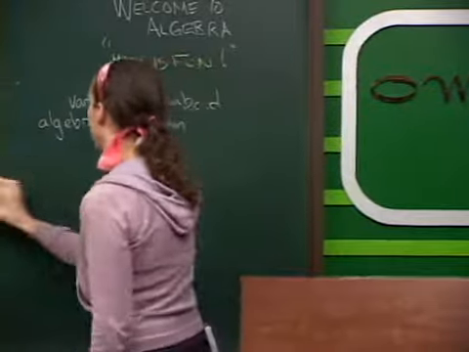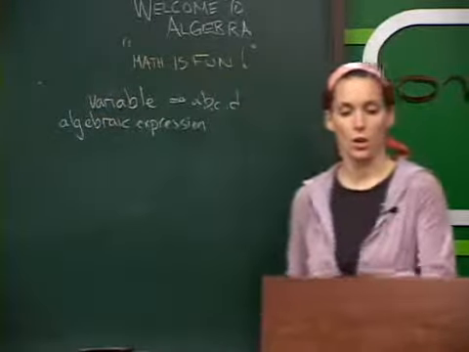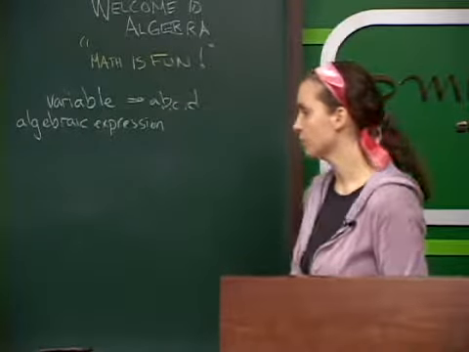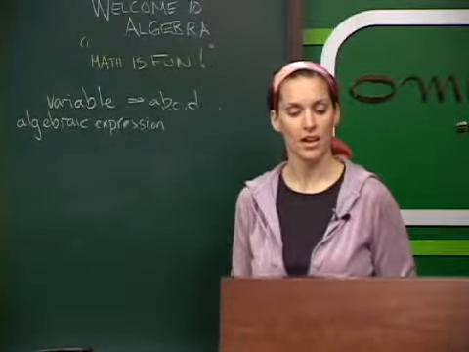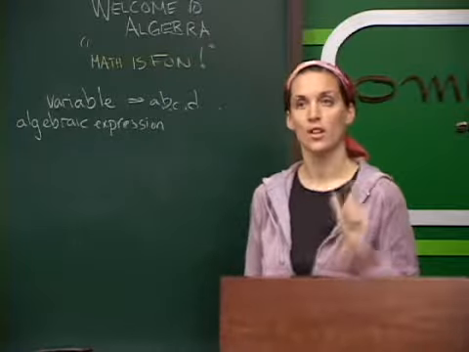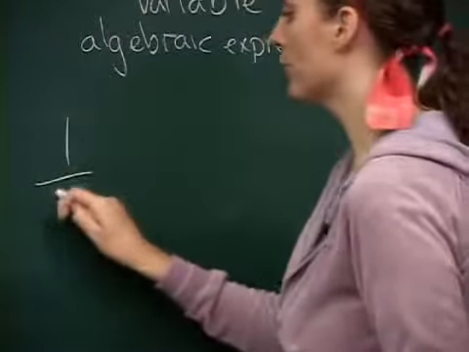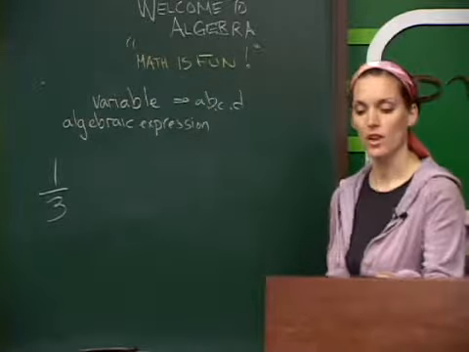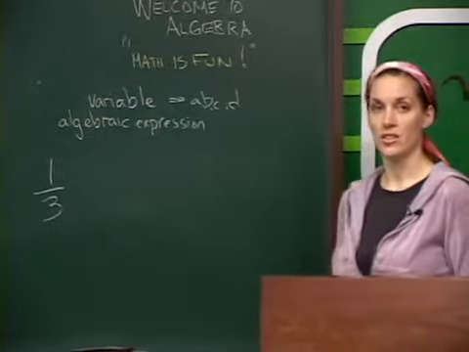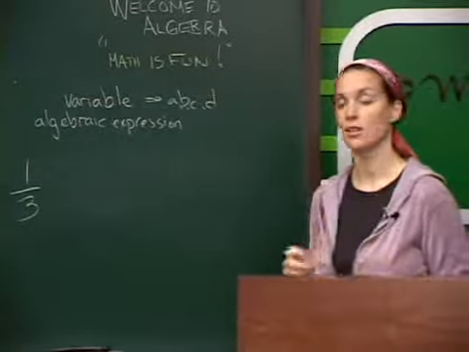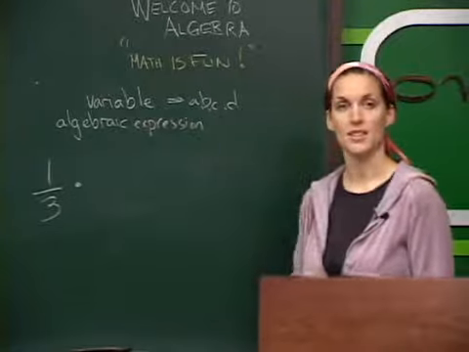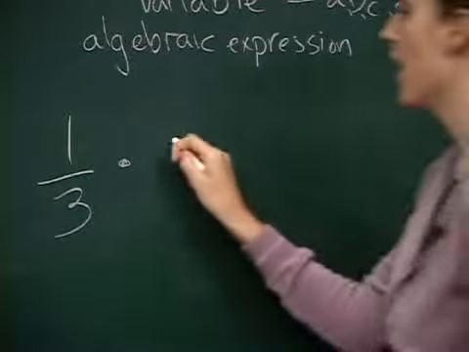Let's do one more practice. Listen carefully. 1/3 of the size of the original area A. In here, 1/3 is 1 divided by 3. It's a fraction. Now, of here implies multiply.